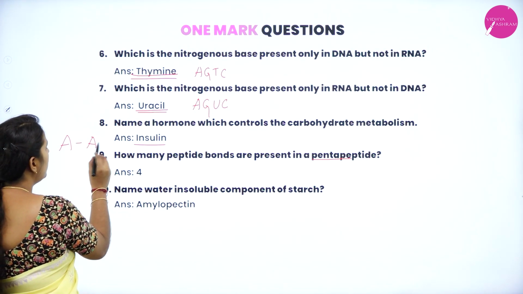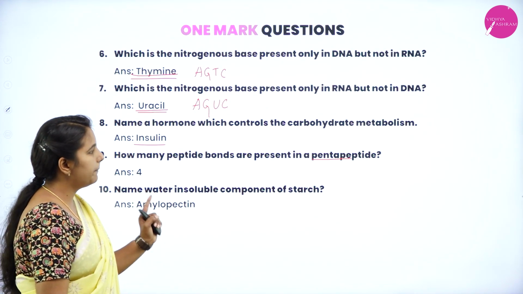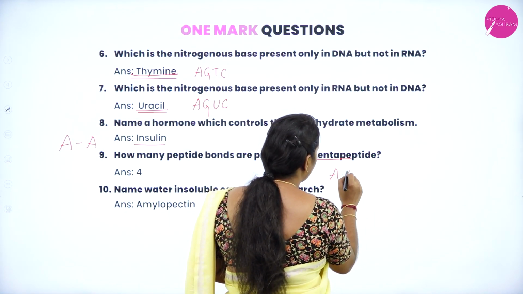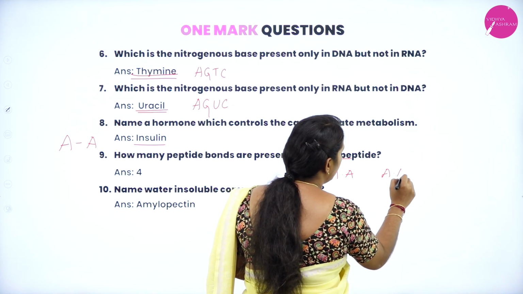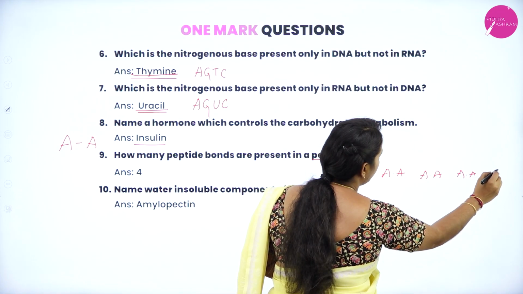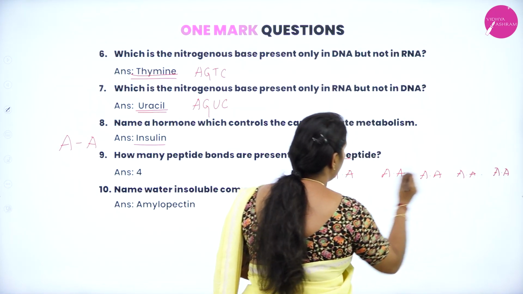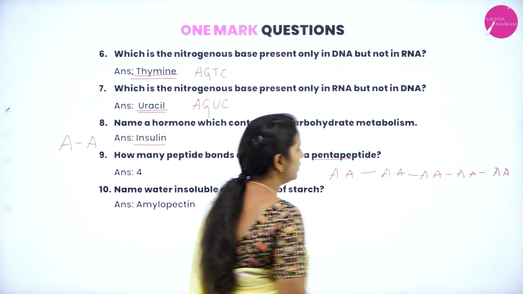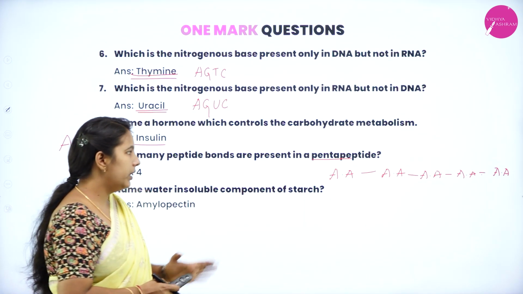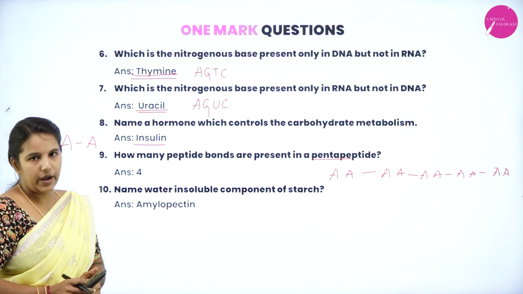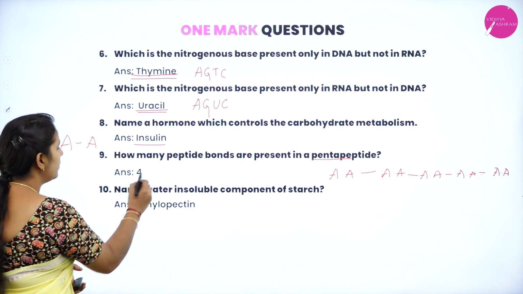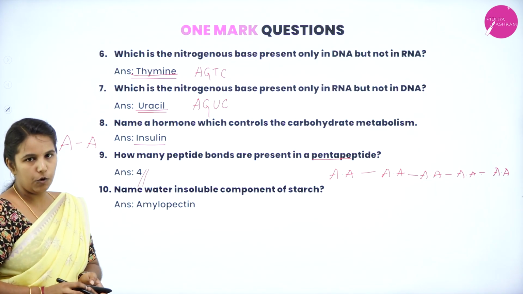Pentapeptide means there will be 5 amino acids, and between these 5 amino acids, how many peptide linkages will be formed? You can see that 4 peptide bonds will be formed between 5 amino acids. Hence, it is known as pentapeptide. So, how many bonds will be formed? 4 bonds. Okay.